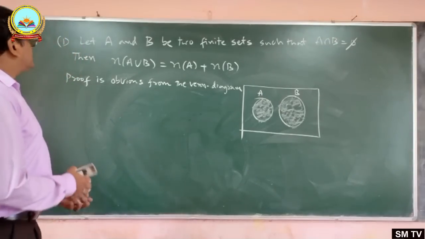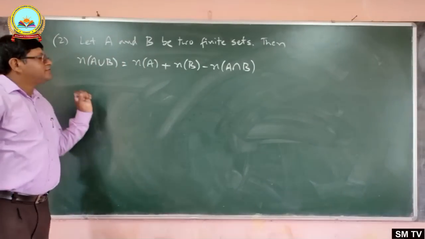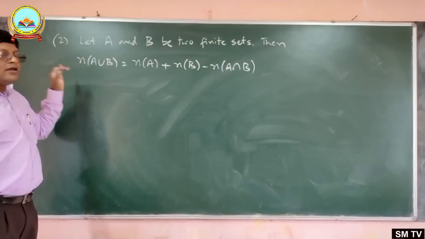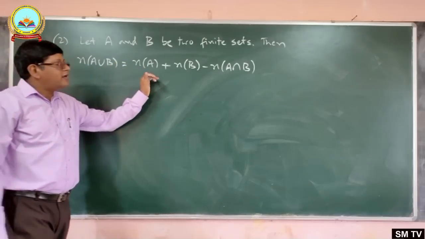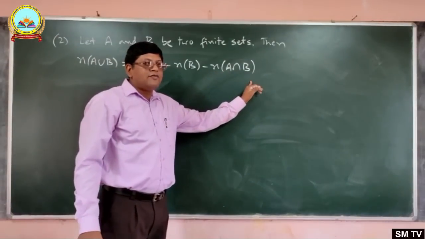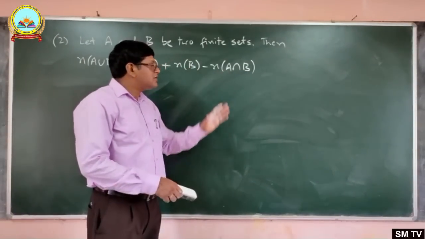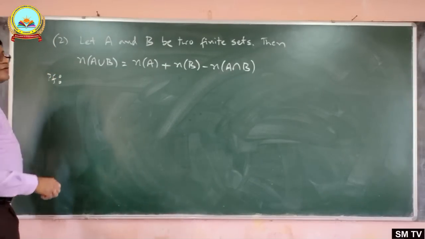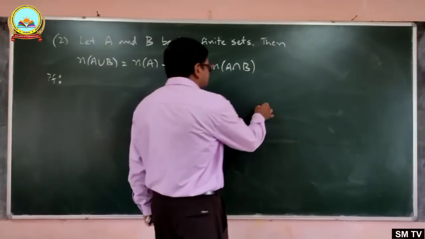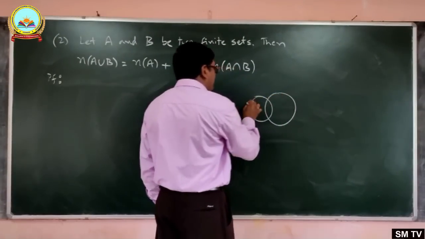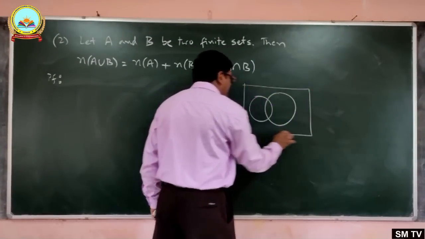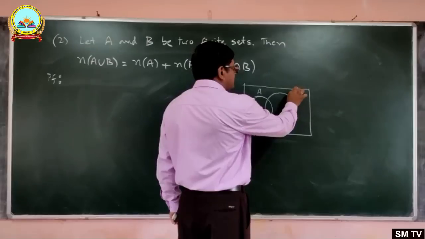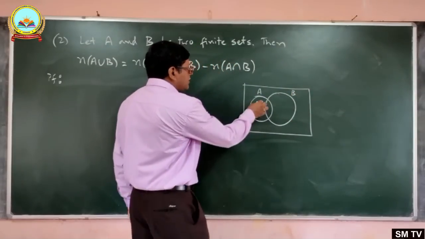Result number two: let A and B be two finite sets. Then n of A union B is equal to n of A plus n of B minus n of A intersection B. Now we shall prove this result. Proof. First we shall draw the diagram. The first circle represents set A, second circle represents set B. Okay.